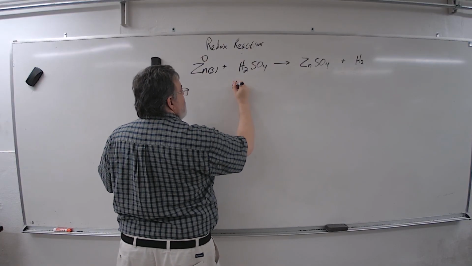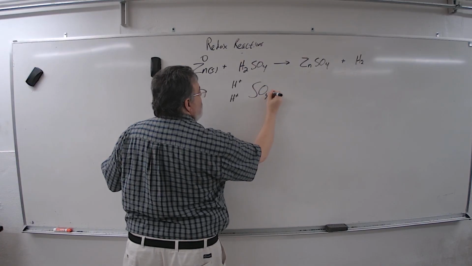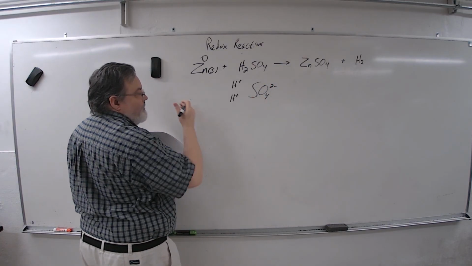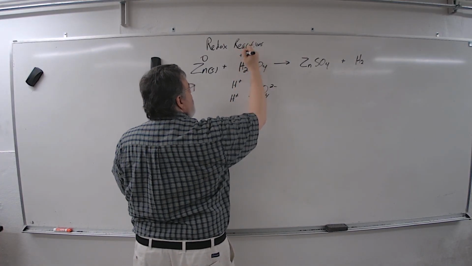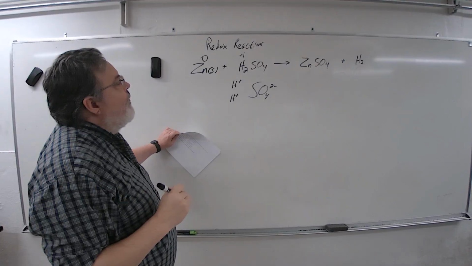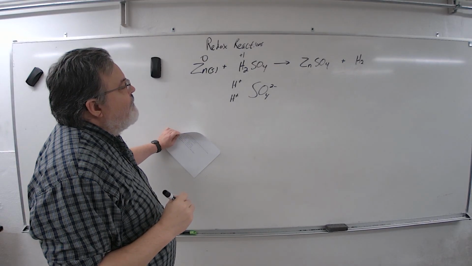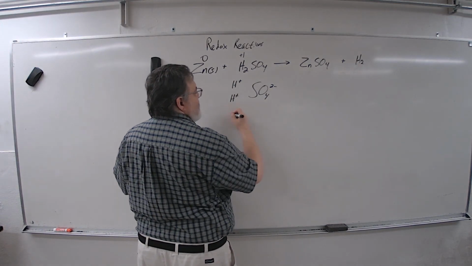If I took 2 H's off, I'm left with SO4, 2-. That's on the polyatomic ions list. So I'm going to say +1 for hydrogen.